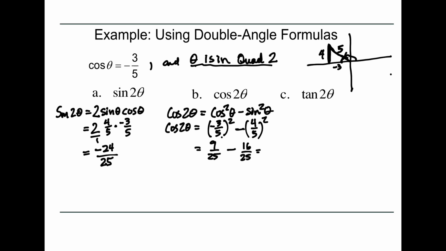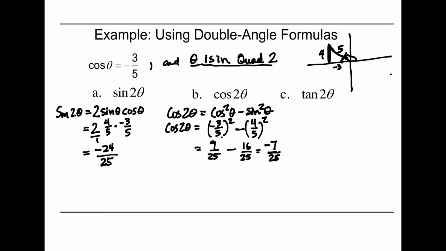And 9 minus 16 is negative 15 over 25. I'm not sure where I got 15 there. It's definitely not right. 9 minus 16 is negative 7 over 25.